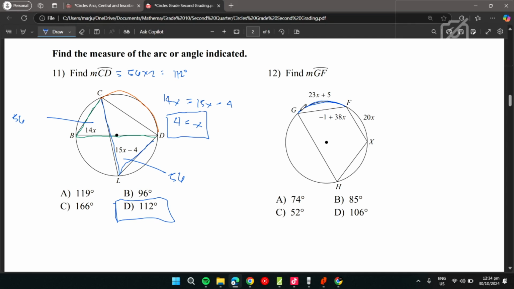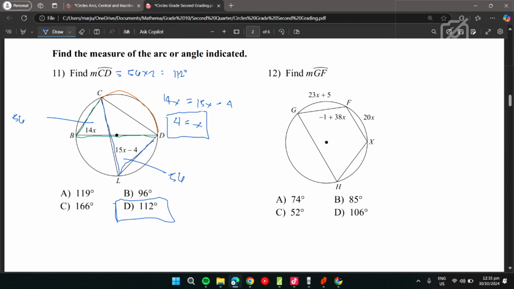To find GF, let's consider this inscribed angle. It is intercepting this arc, and we know that it is 1/2.